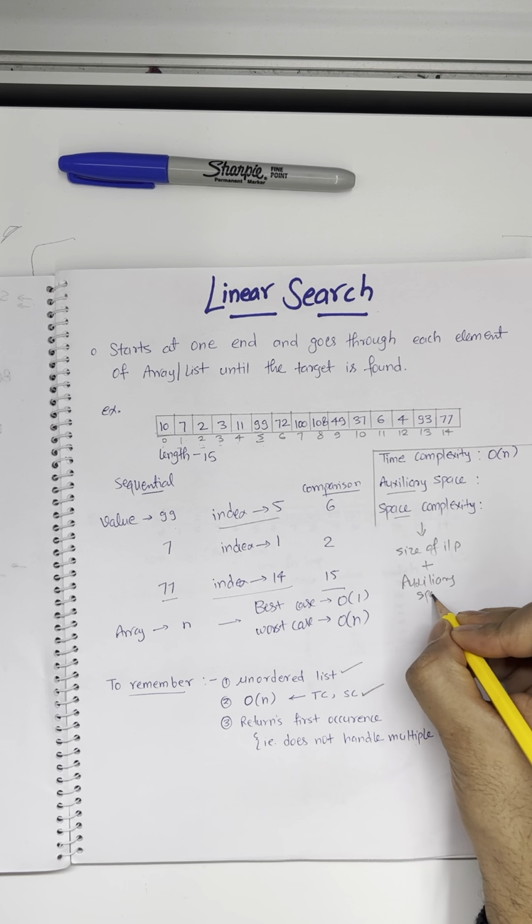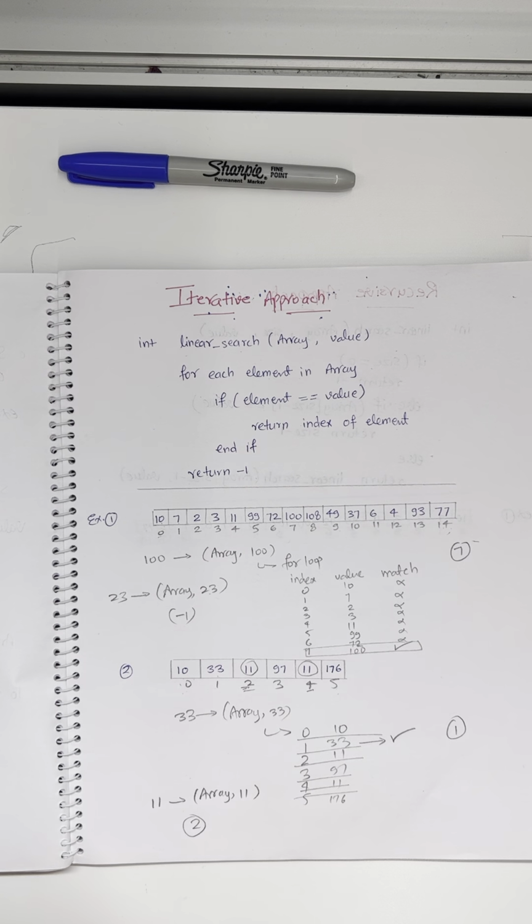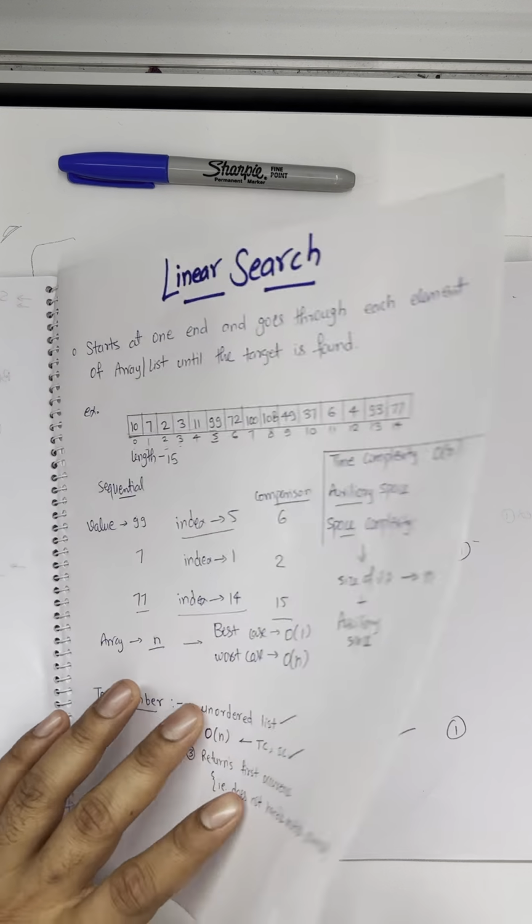In the algorithm that we are using here, we're not using any variable at all to store any values. We are just comparing the element of that particular array with the value. We're not storing any other values in a temporary variable. So this will be 0. Or in some cases, where for iterating the for loop, in case you use a variable to get the size of the array, then that will be 1.